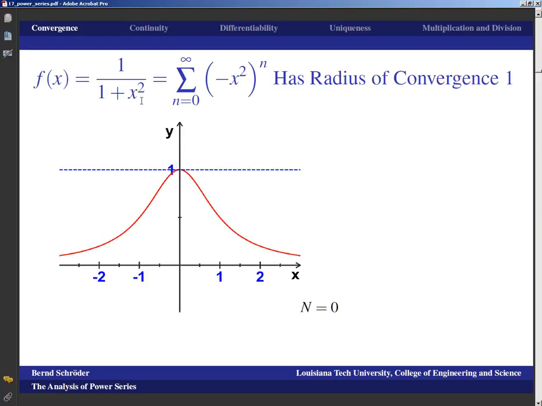So this is now just talking about the function on the real line. Here's 1 over 1 plus x squared, and here is the 0th Taylor polynomial. Let's look at the second Taylor polynomial. So n equals 2, meaning that that's 1 minus x squared. Then n equals 4, so you get a 4th order polynomial, 6th order polynomial, 8th order polynomial, 10, 12, 14, 16, 18.